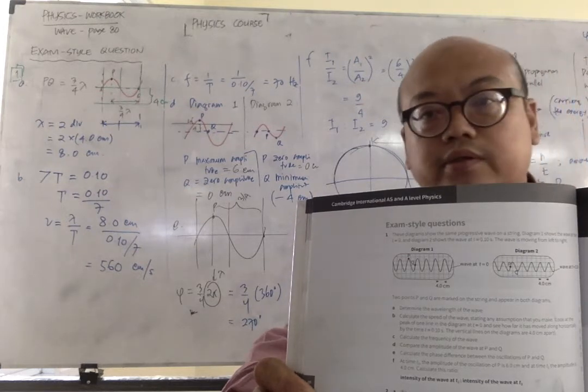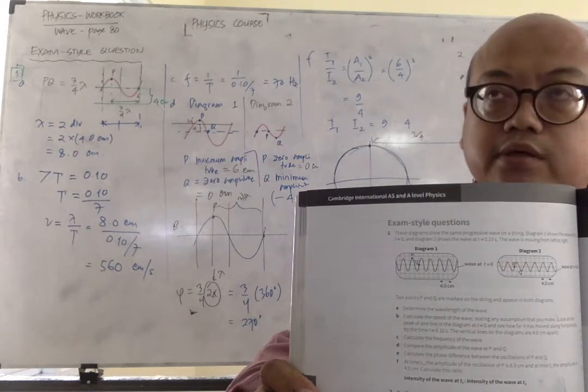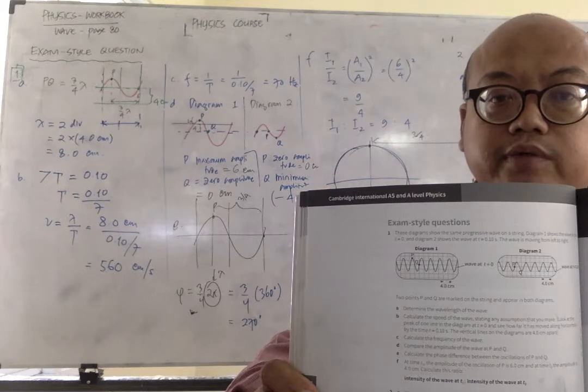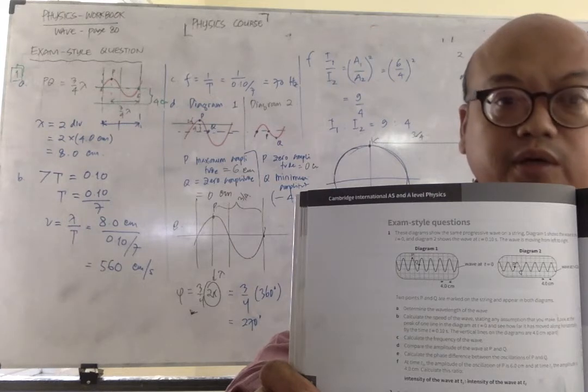Let's talk about our numbers here. You can see on question one, we have two diagrams of a wave, diagram one and diagram two.